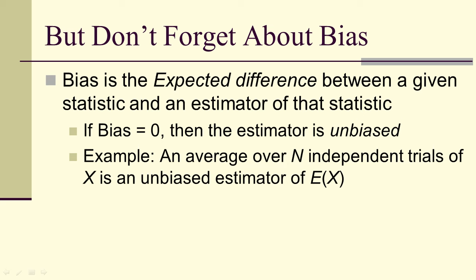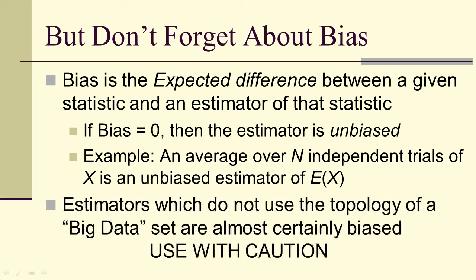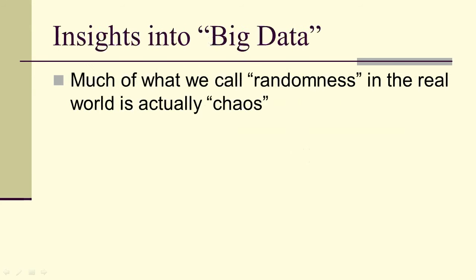For example, if you average over n independent trials of x, then that converges to the expected value of x, and therefore it's an unbiased estimator of the expected value. But estimators which do not use the topology of a big data set are almost certainly biased. We need to use these with caution.